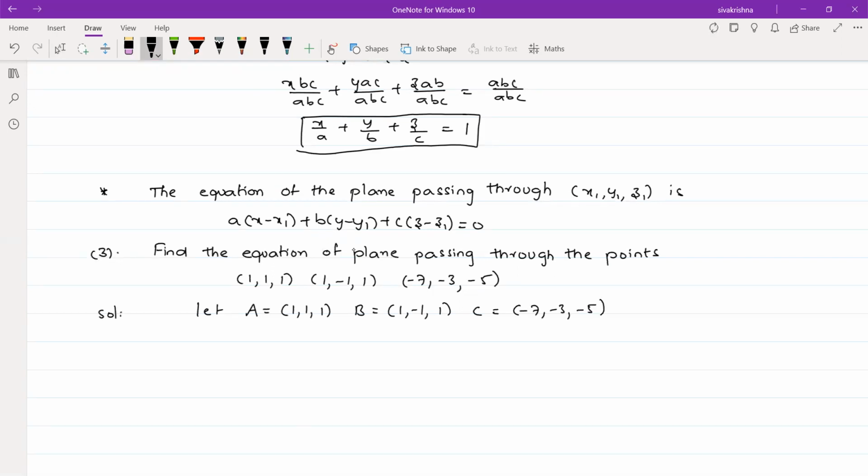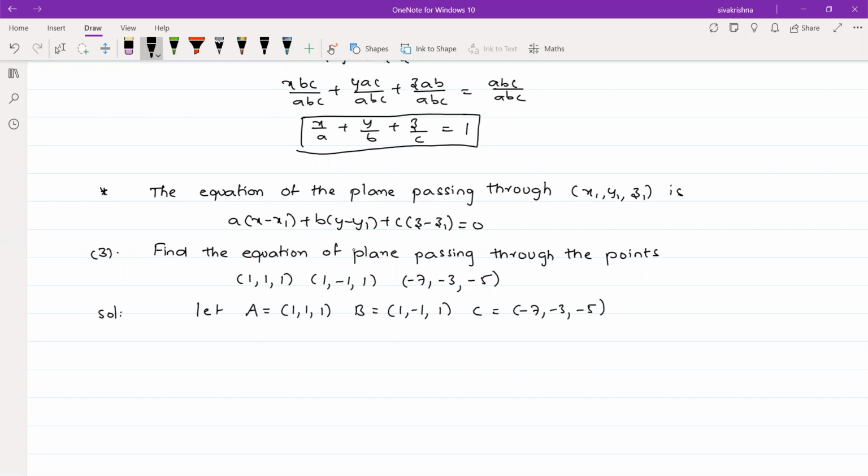Now I am going to find the equation of the plane passing through 3 points by the above formula, that is a into x minus x1 plus b into y minus y1 plus c into z minus z1.